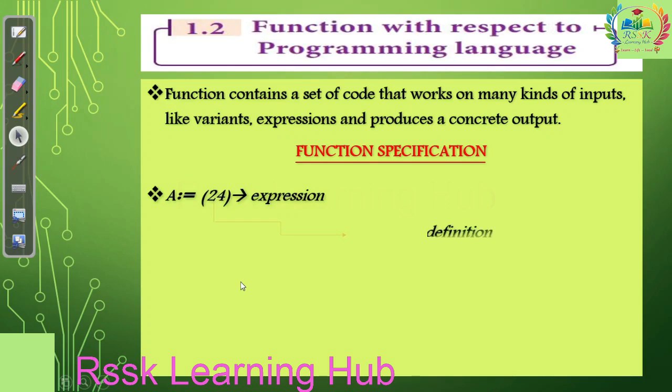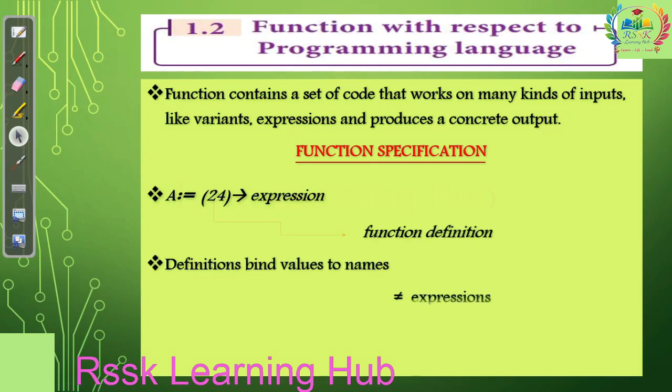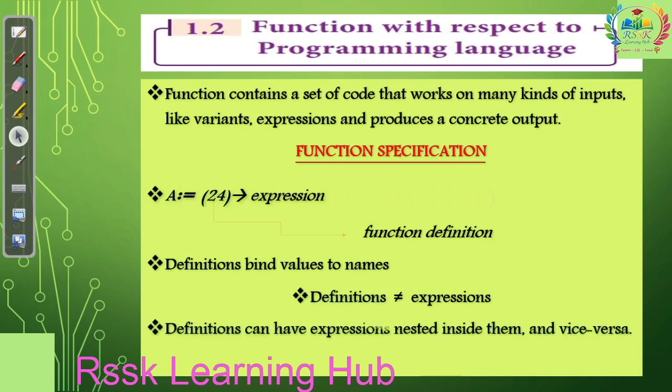Now you can see this is the function definition part, giving the value to a variable, and so on, the function specification part. Defining a function means it binds a value to your name. In this expression, the value 24 is assigned to A. So the definition part of your function binds a value to your name.